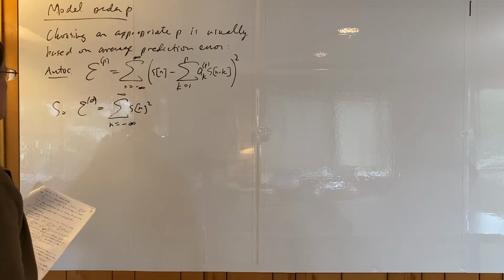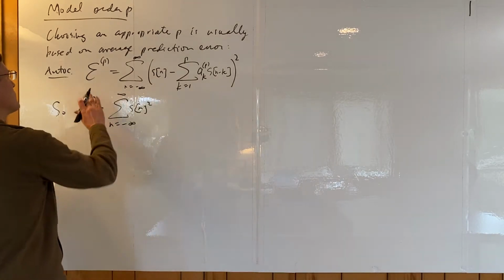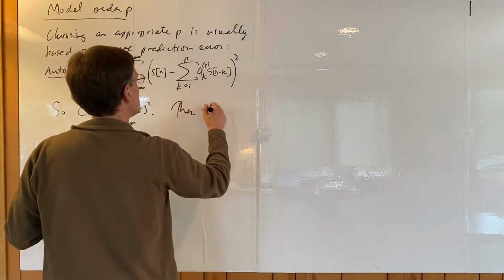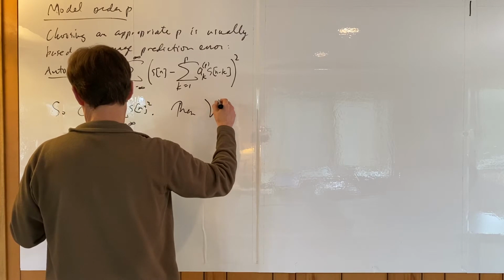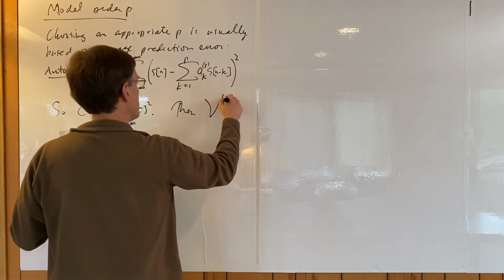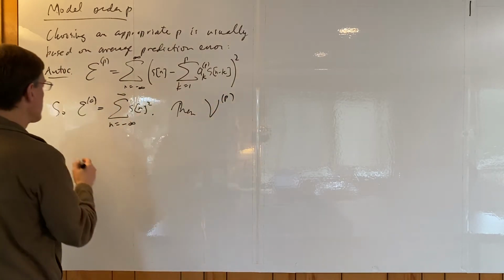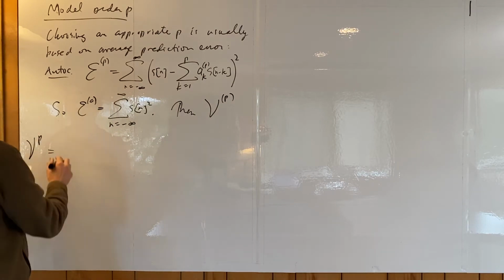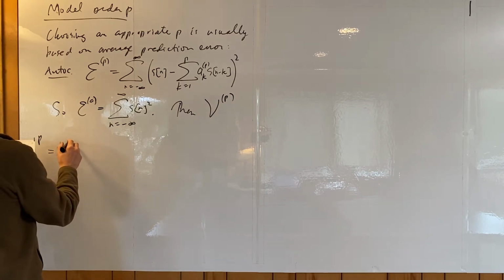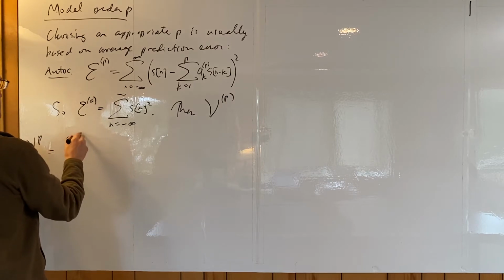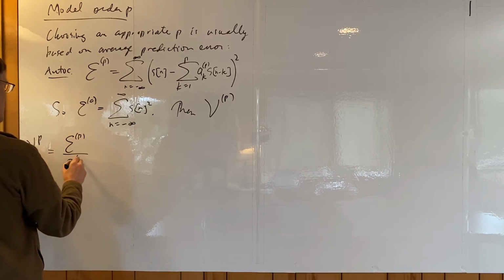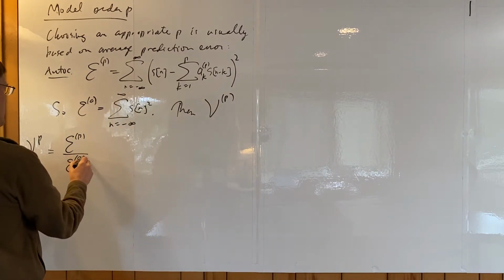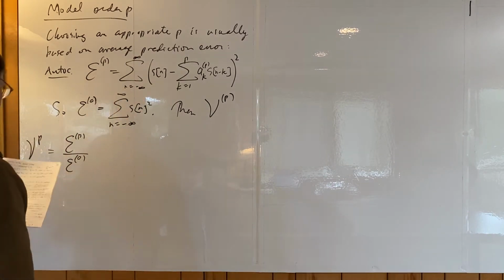So then we can look at a function which we call script V of p. We define that script V of p to just be the total prediction error, or average prediction error at p, divided by this E of 0.